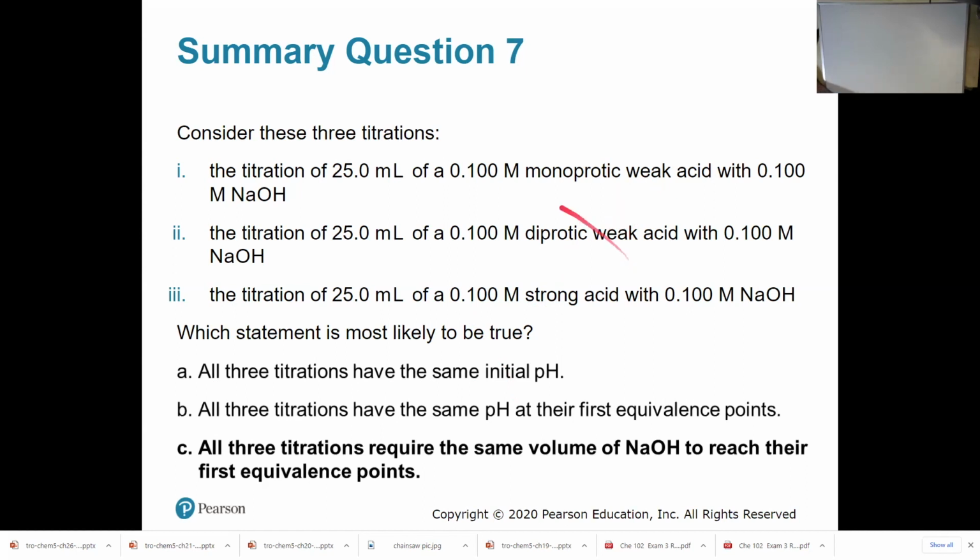For our weak acids, we would have to put this concentration value into an ICE table and use that ICE table to calculate the hydrogen ion concentration and then calculate the pH.